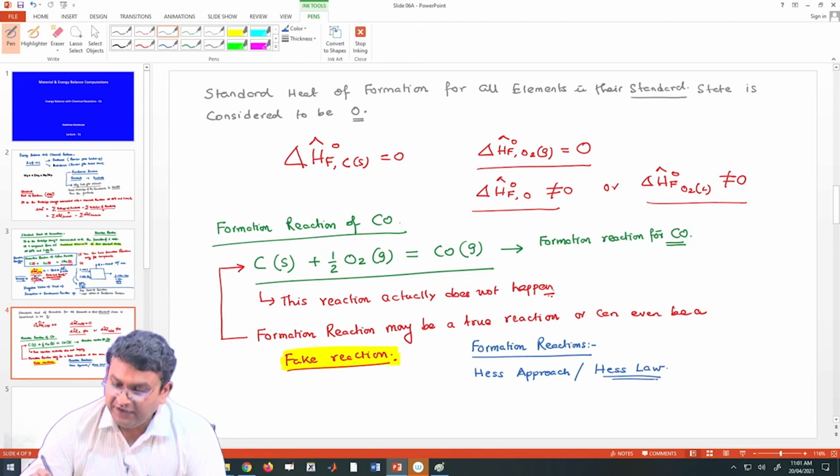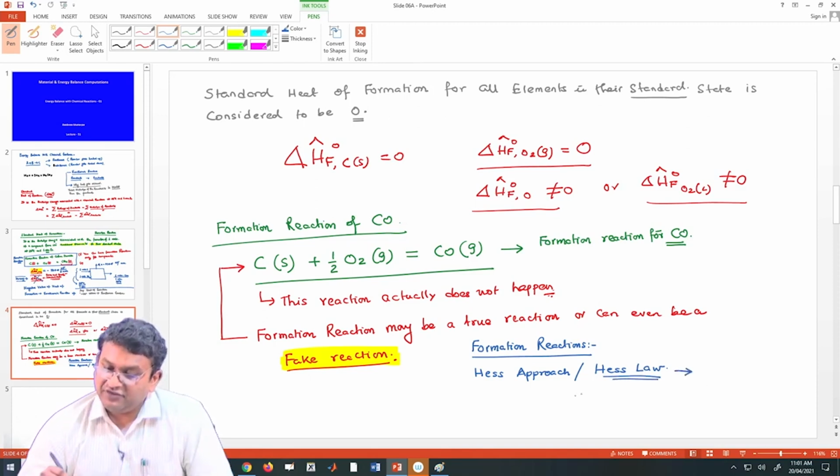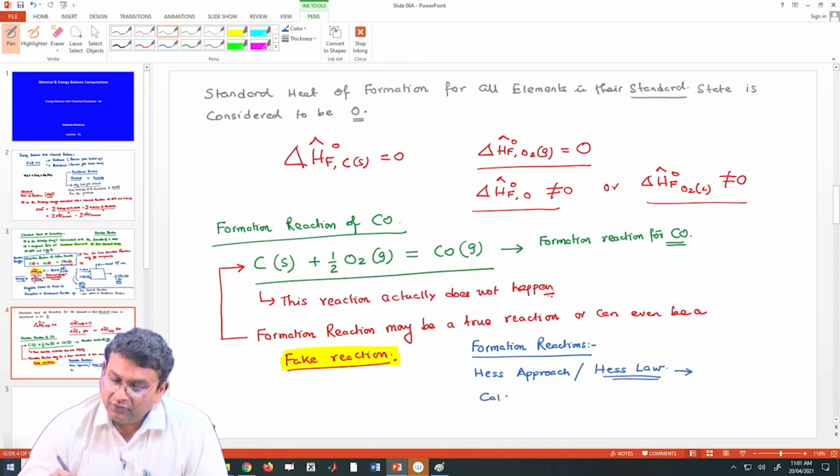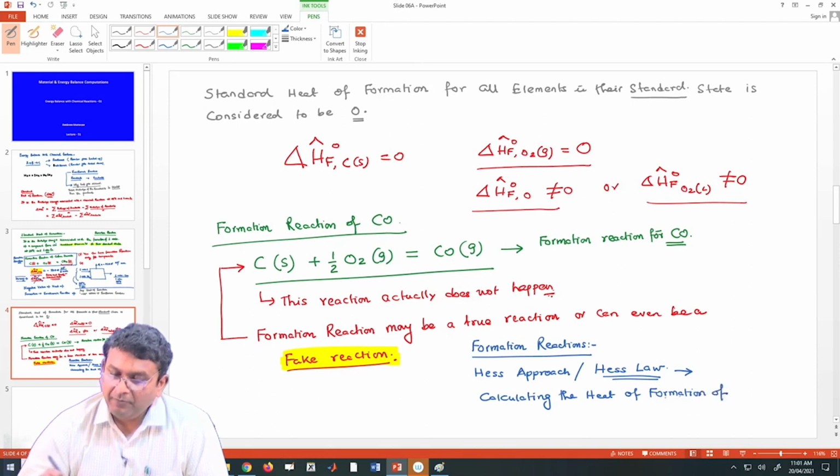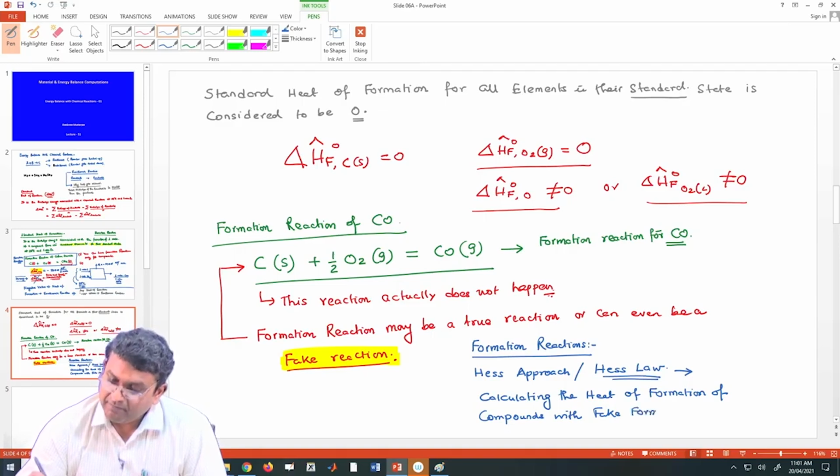This is very interesting and is extremely helpful in calculating the heat of formation of compounds with a fake formation reaction.